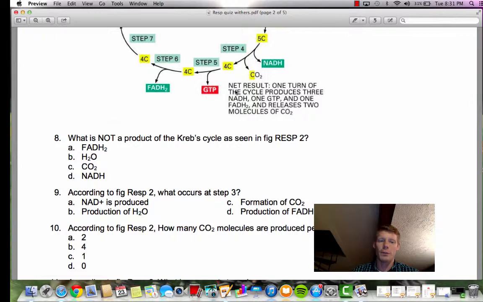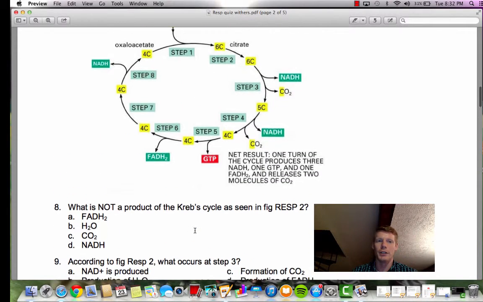According to figure respiratory 2, how many CO2 molecules are produced per turn? So per turn. Is it A, 2, B, 4, C, 1, or D, 0? It says right here, net result, one turn of the cycle produces 3 NADH, 1 GTP, and 1 FADH2, and releases 2 molecules of CO2. So how many CO2 are produced per turn?